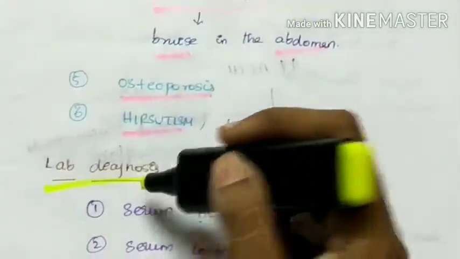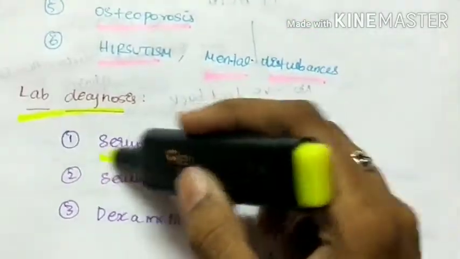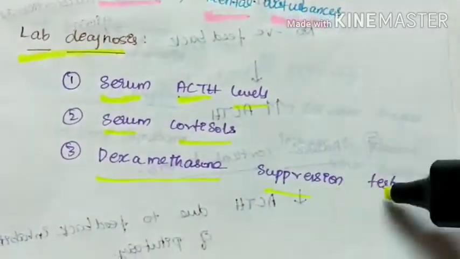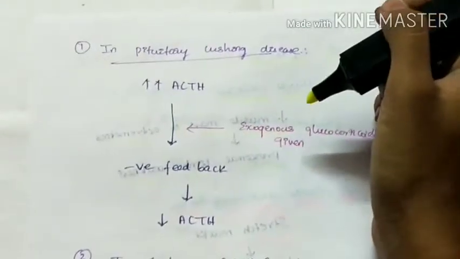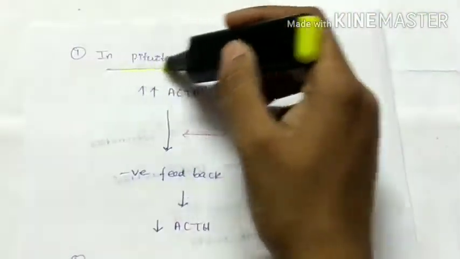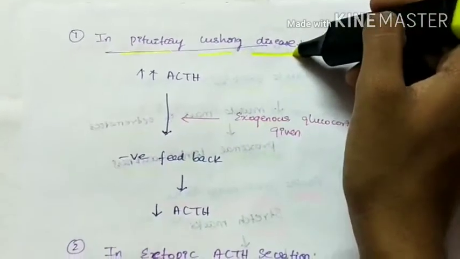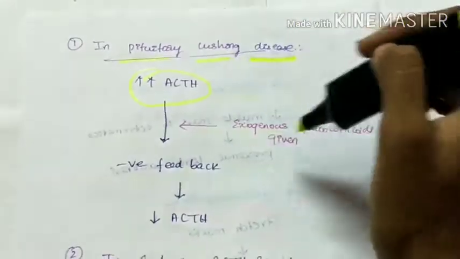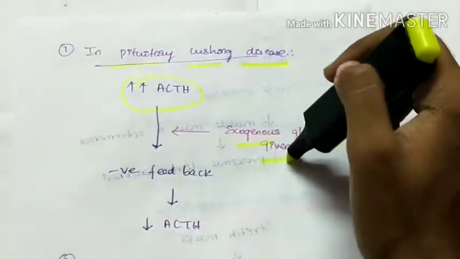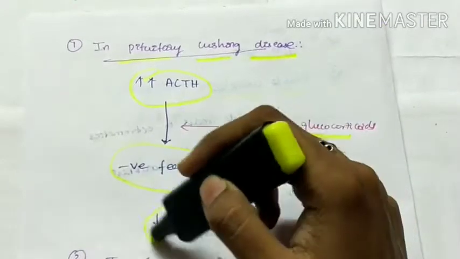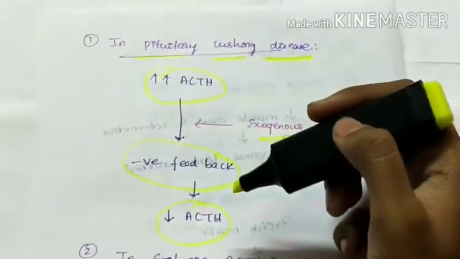Lab diagnosis includes detection of serum ACTH levels, serum cortisol level, and dexamethasone suppression test. Let's see the dexamethasone suppression test. First, in case of pituitary Cushing's disease, there's increased ACTH from the pituitary. When the exogenous glucocorticoids are given, this leads to negative feedback and thereby causes decreased ACTH levels.